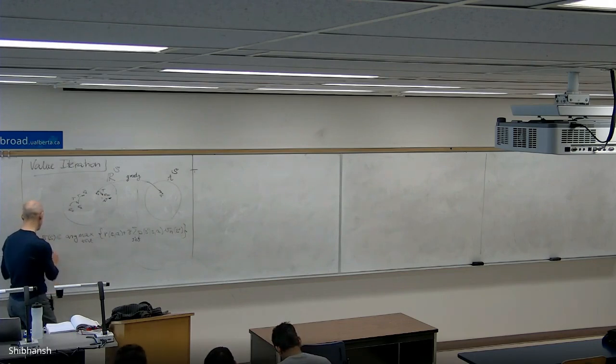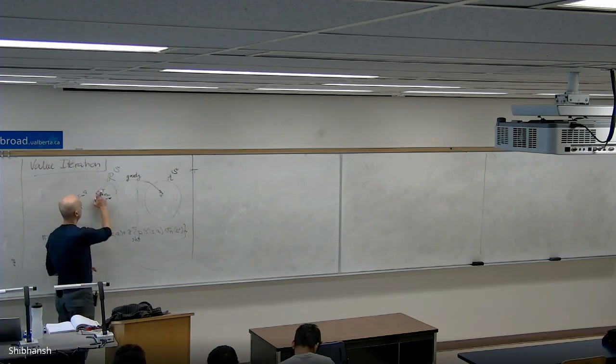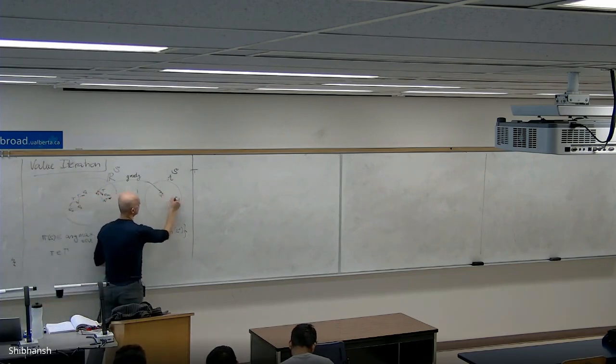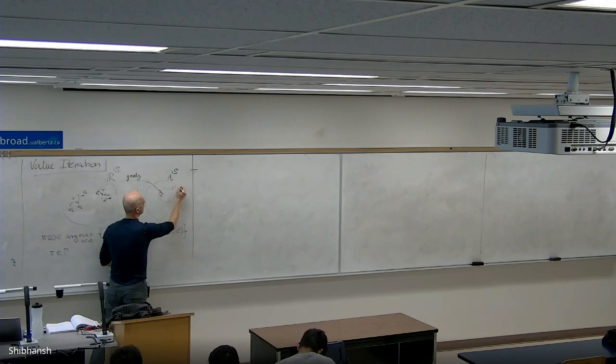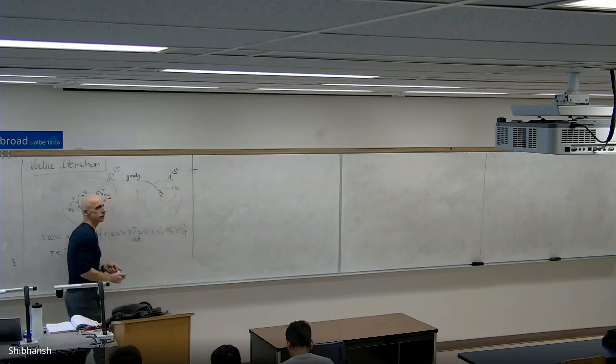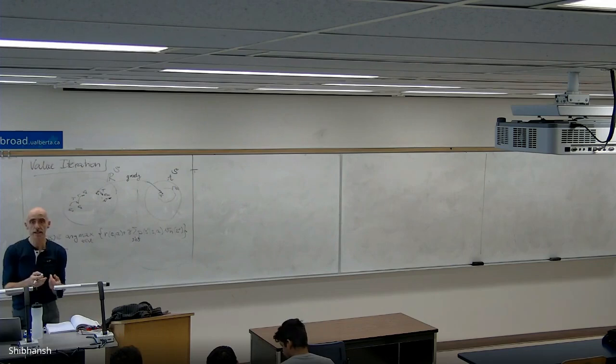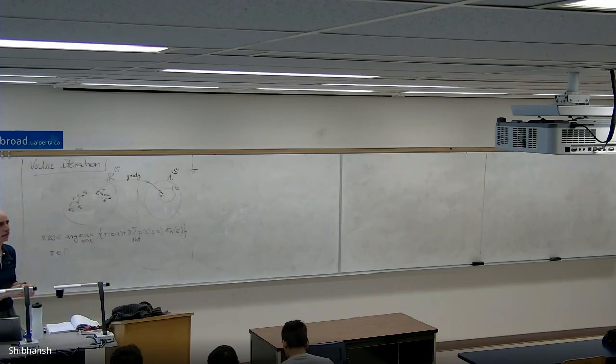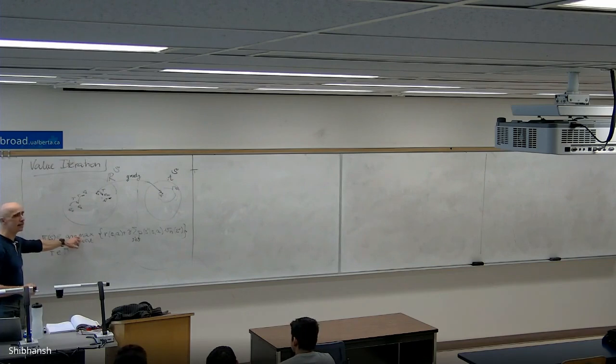Sometimes I'm just going to say that pi is one of the, so gamma is going to take a function here, and it returns a set, gamma of V_n, which is the set of policies which are greedy with respect to that function. We could have ties. So this is not unique, right? The greedy policy is not uniquely determined, because there could be multiple maximizing actions at a given state.